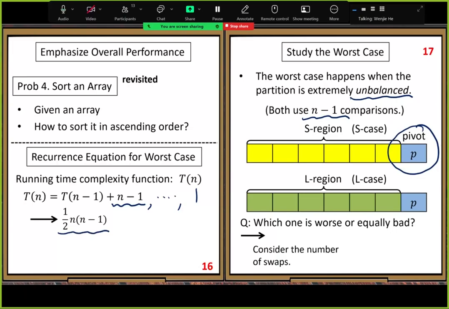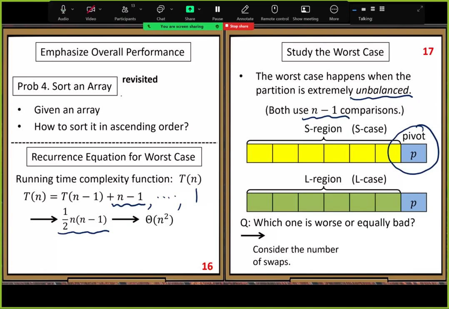So the quicksort worst case is in big theta of n squared. Its worst case is very slow, not fast. And for the merge sort, we know its worst case is much better than this one.